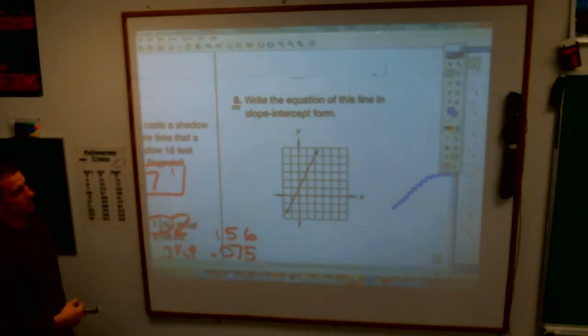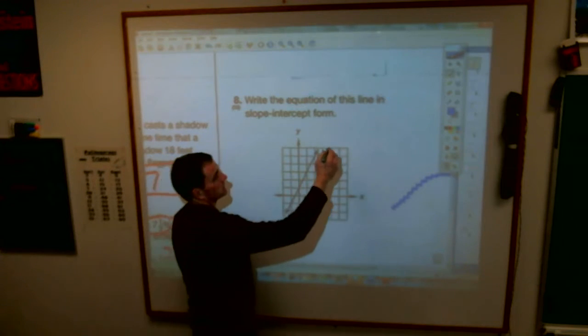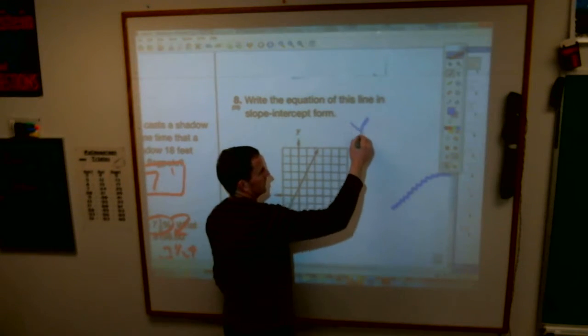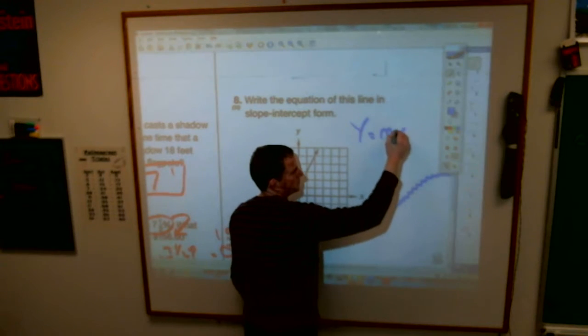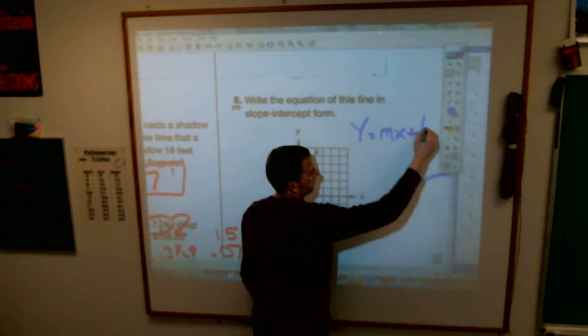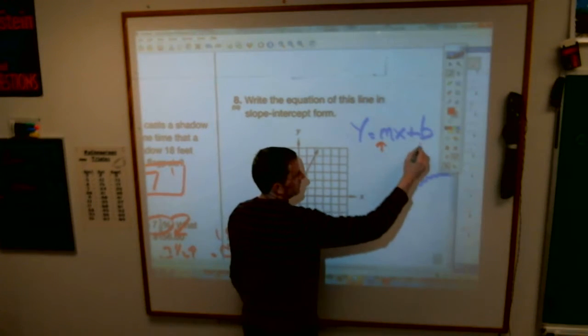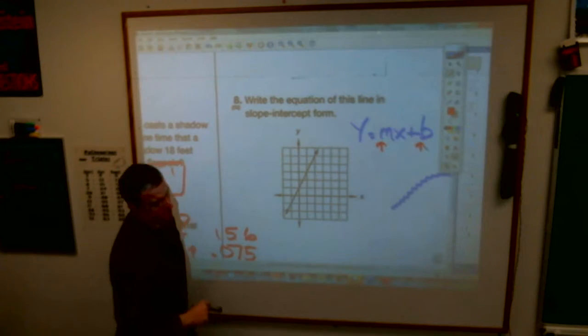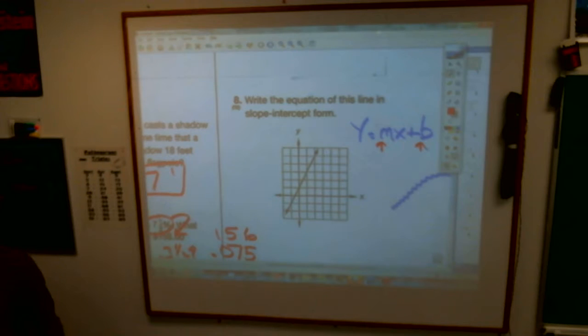Writing the equation in slope-intercept form. The generic form of slope-intercept, without any numbers, is y equals mx plus b. You need to figure out what the letter m is and what the letter b is. The easiest one is finding out what the letter b is. How do I know what the letter b is?